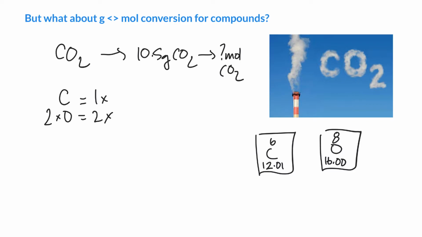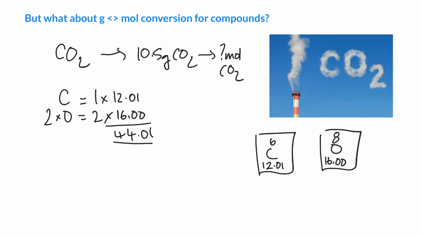So we can weigh individual molecules by weighing the atoms and adding them up. Carbon weighs 12.01, oxygen weighs 16.00, and when we add that up, we get 44.01. Now, what is that telling us?